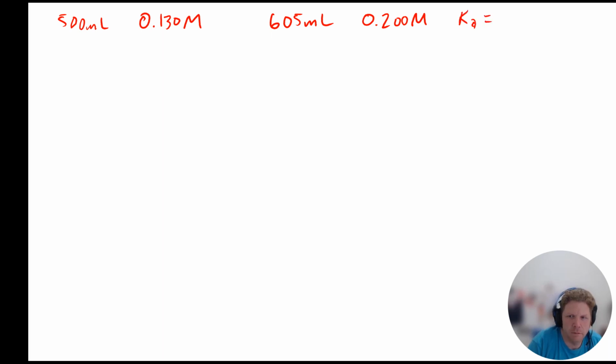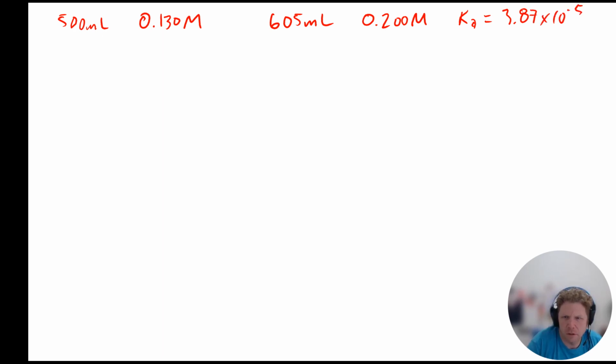And then you have 605 milliliters of a weak acid with a concentration of 0.200 molar. And this weak acid has a Ka of 3.87 times 10 to the negative fifth.